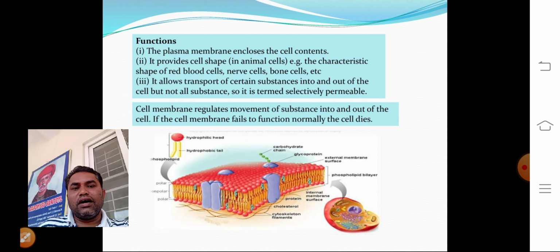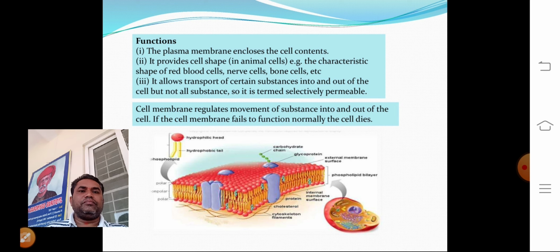Both tails are towards the center, meaning the heads of the bilipid layer are outside and the tails are central. The blue colored parts are the proteins. In this way the plasma membrane is composed of two components, proteins and lipids.